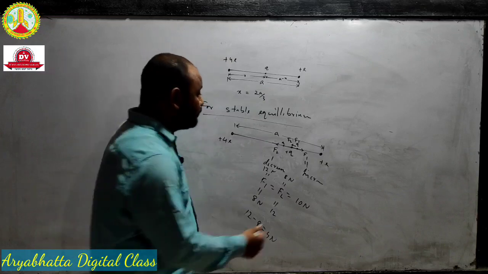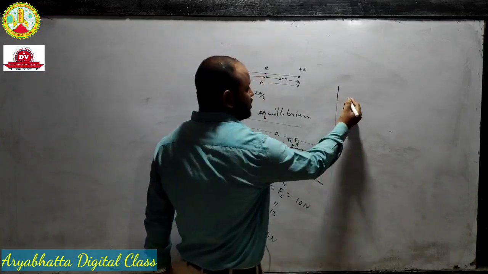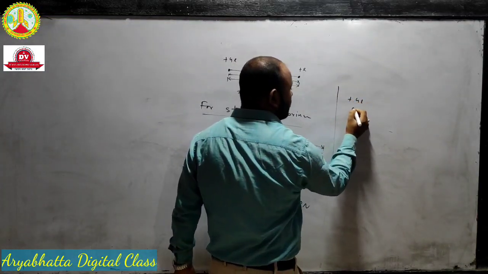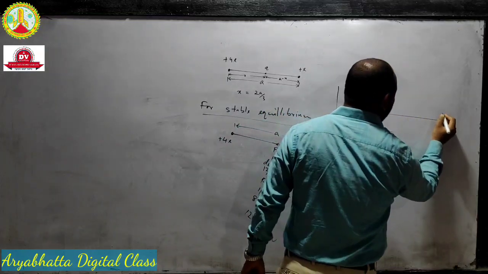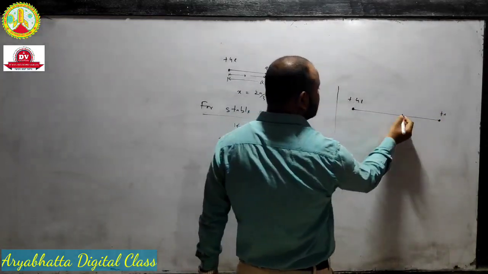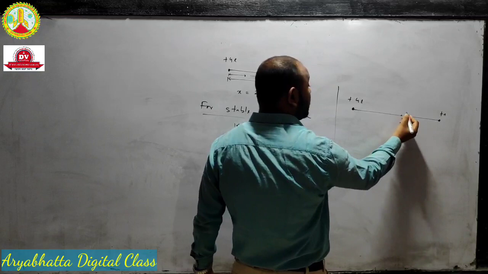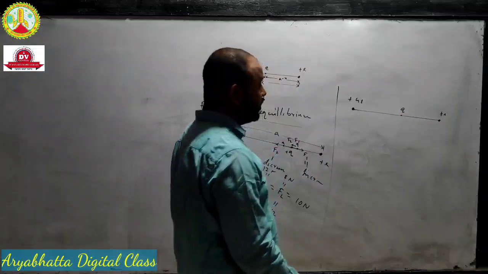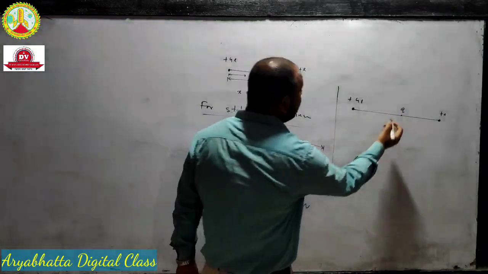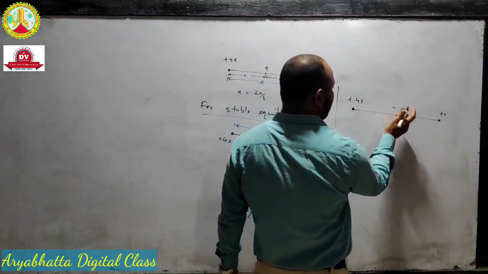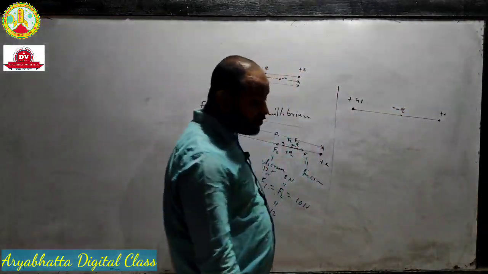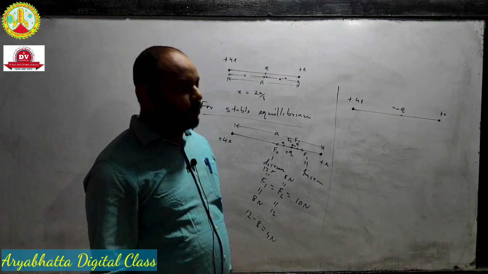Suppose this is plus 4E and this is plus E. This is the point where it will be in equilibrium. If we take a negative charge here, if the sign of the charge is negative, what happens?